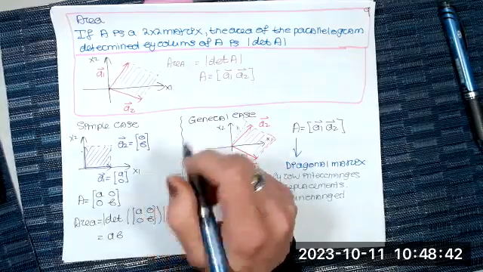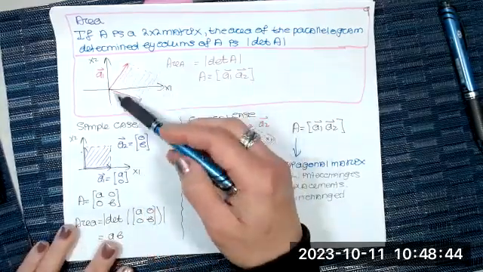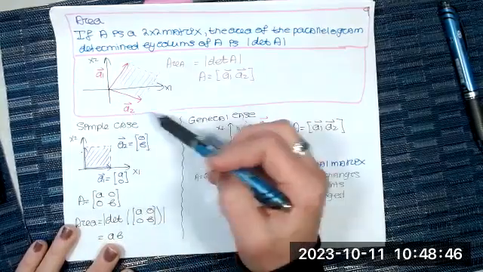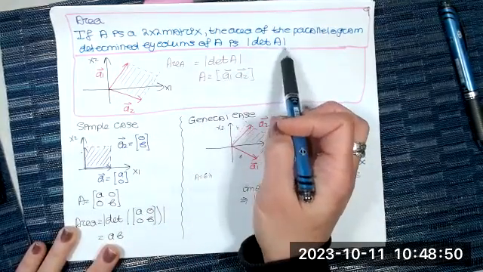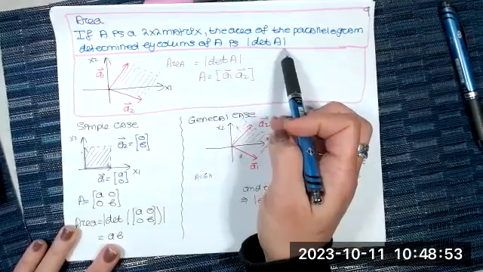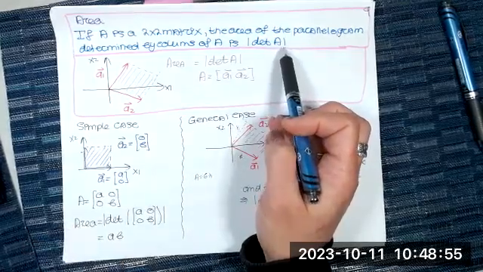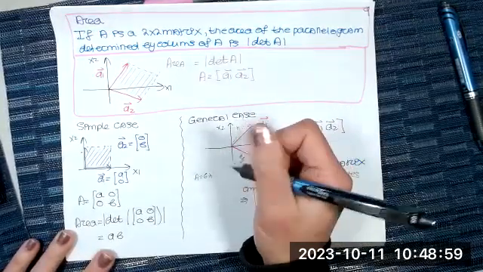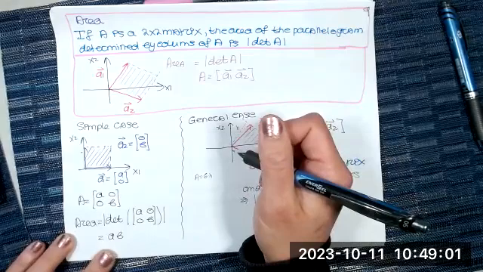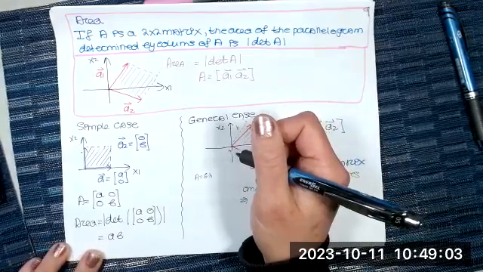The theorem tells us that I can compute the area of the parallelogram defined by those two vectors by looking at the value of the determinant and taking its absolute value. The determinant could be positive or negative, but for area, you take the absolute value. So why is this true?